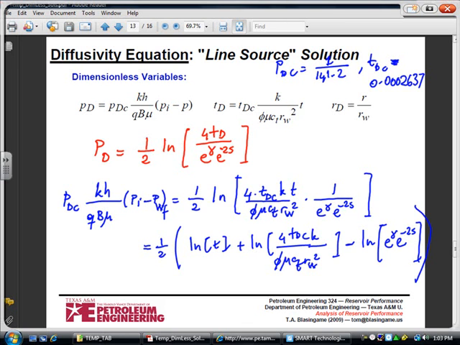Okay, did you write this down? Okay, the next thing is we have to convert the natural logarithms into logarithm which is based on ten. So why are we doing that?